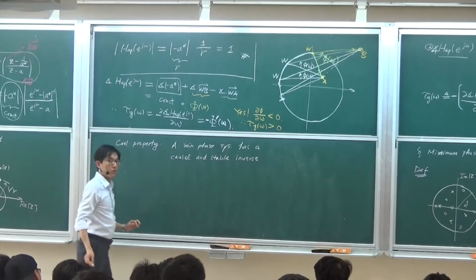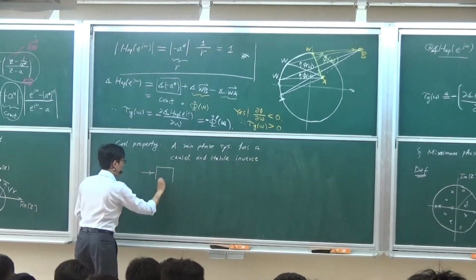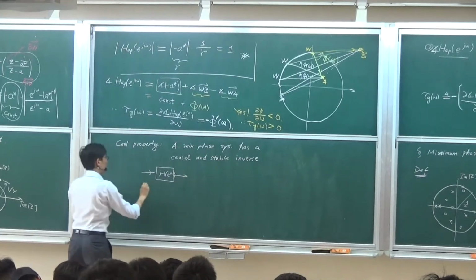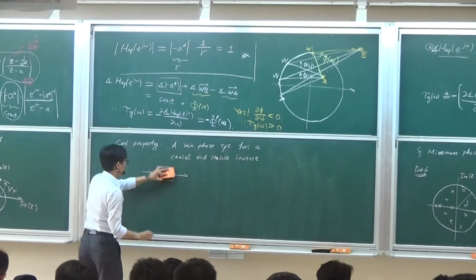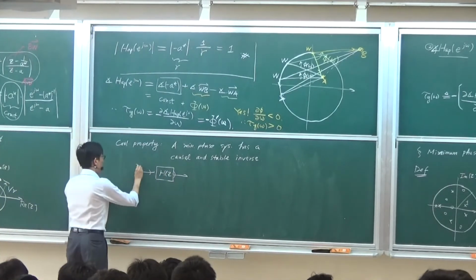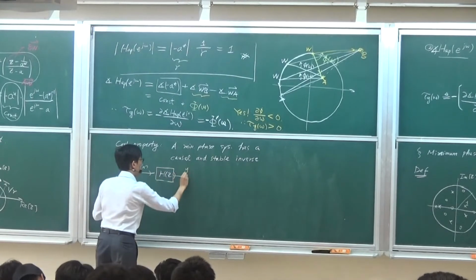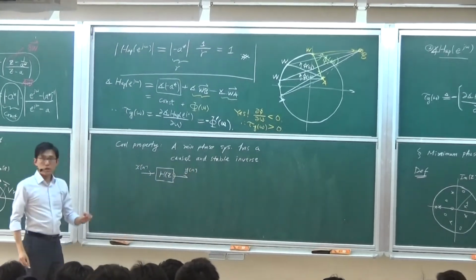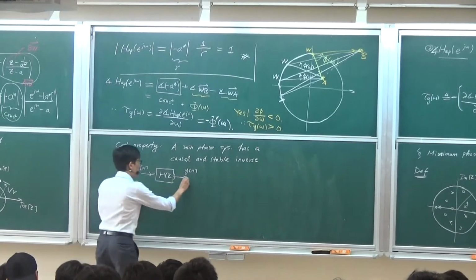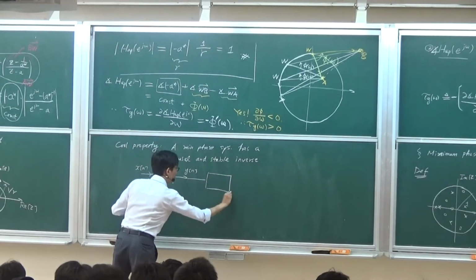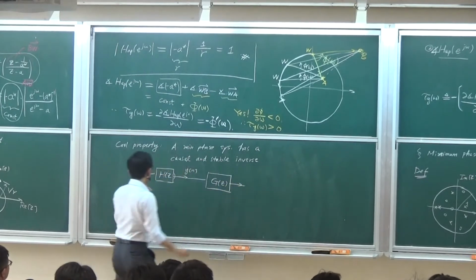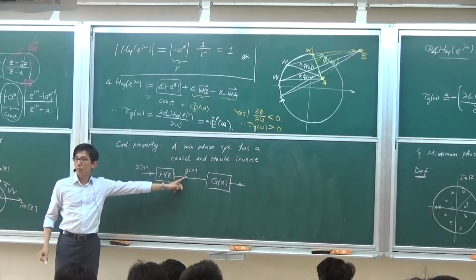So for this, let's say the system is H, or just say H of Z, okay? Better. If this system has a system function H of Z, input X, output Y, and if we know that all the poles and zeros are inside the unit circle, then we can construct a system, let me say G of Z, such that we recover the input by receiving the output.